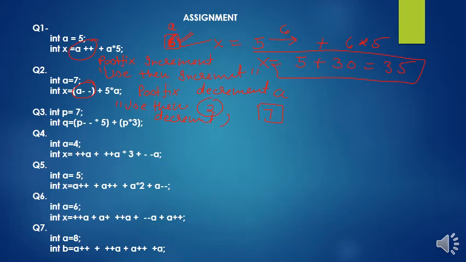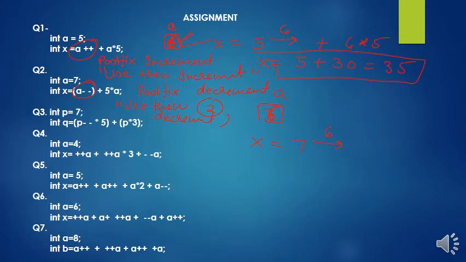So first, x is equal to a--. First it will use 7 and after that it will decrement the value by 1. So 7 minus 1 is equal to 6. So after that a will store the value 6 inside the memory.